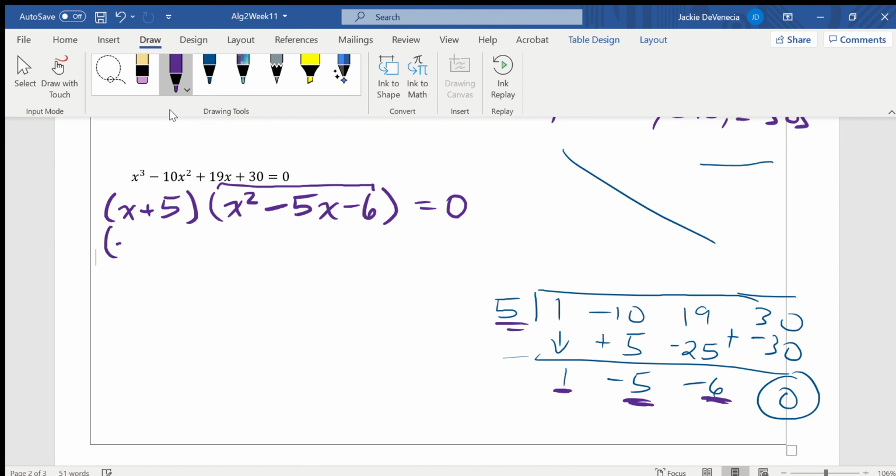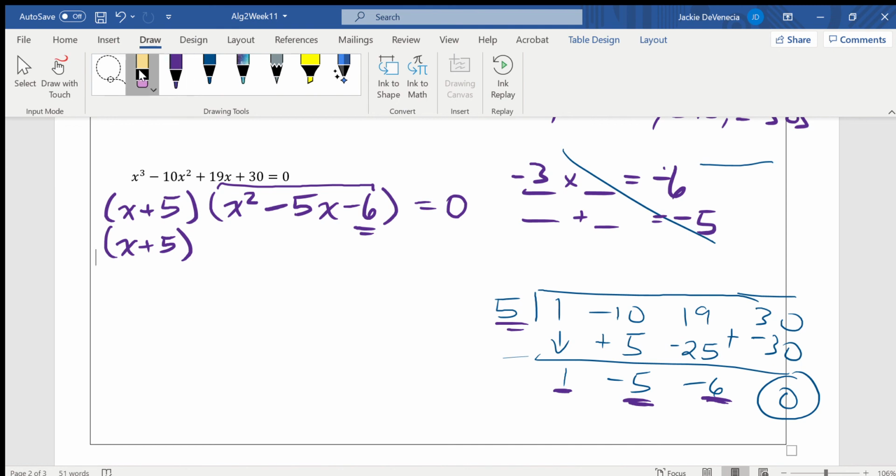Now I'm going to go ahead and factor everything. I'm going to try to find two numbers that multiply to give me -6 but add to give me -5. You can't use -3 and 2, because when you add them, you don't get -5.